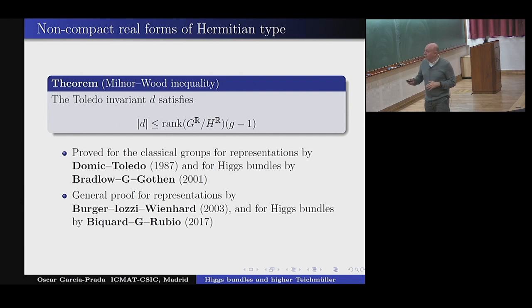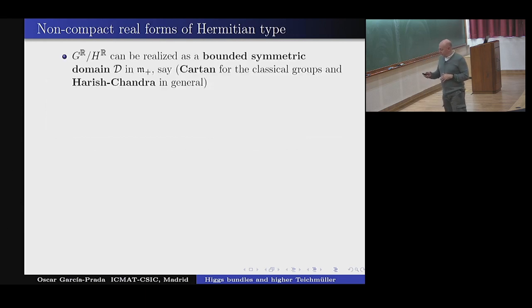And so to explain that, let me get a little bit into the geometry of the symmetric space. A very important fact that plays a crucial role, and this is in fact one of the reincarnations of these objects, is that these symmetric spaces can be realized as bounded symmetric domains.